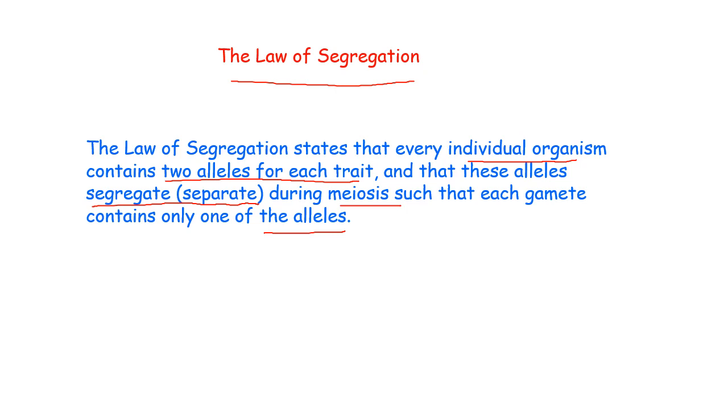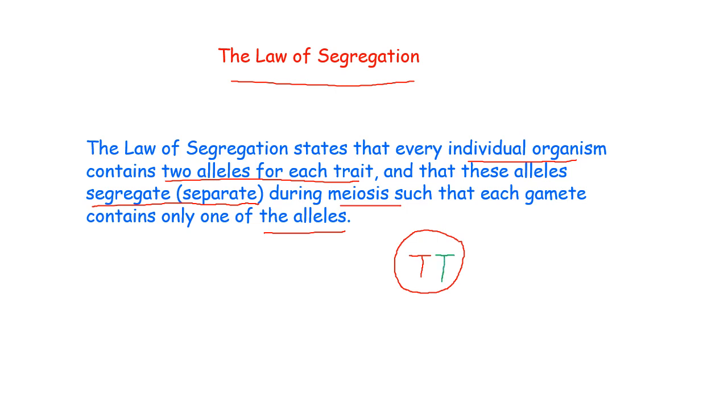If we have a diploid cell, and we have a gene T that is responsible for the height of a plant, it controls the trait height. Height is a trait, controlled by gene T, and this gene T has two alleles.